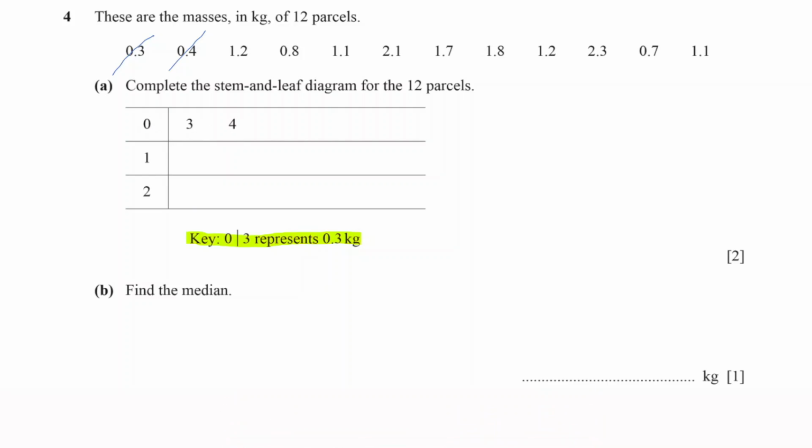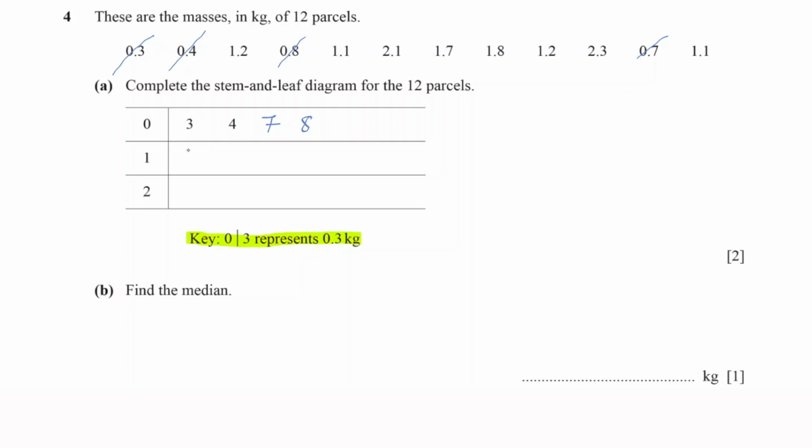Two of the values are given, so I just cancel those. After that, we are just trying to align it properly, in increasing order. So 0.3 and 0.4 go out. After that, it comes out to be 0.7, so we will be writing 0.7. Then after that comes 0.8. I'm trying to write it in a sequence, right? Increasing order. Then comes 0.8, 0.9 does not seem to be here.